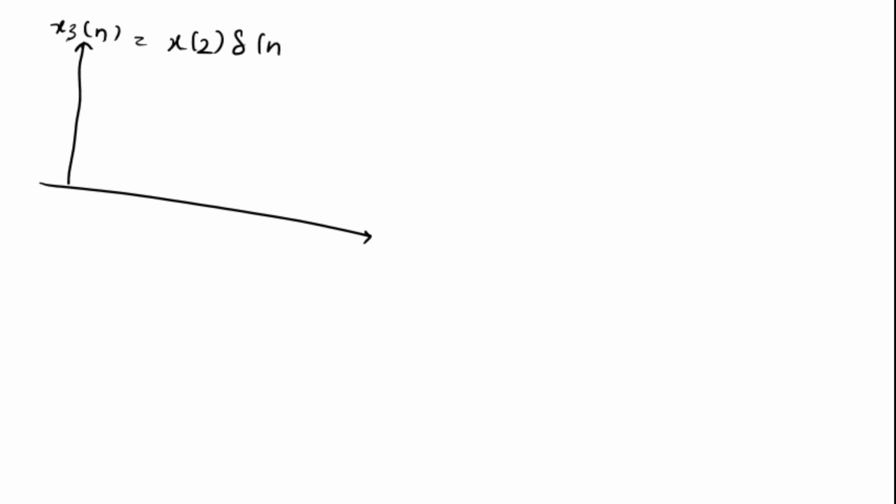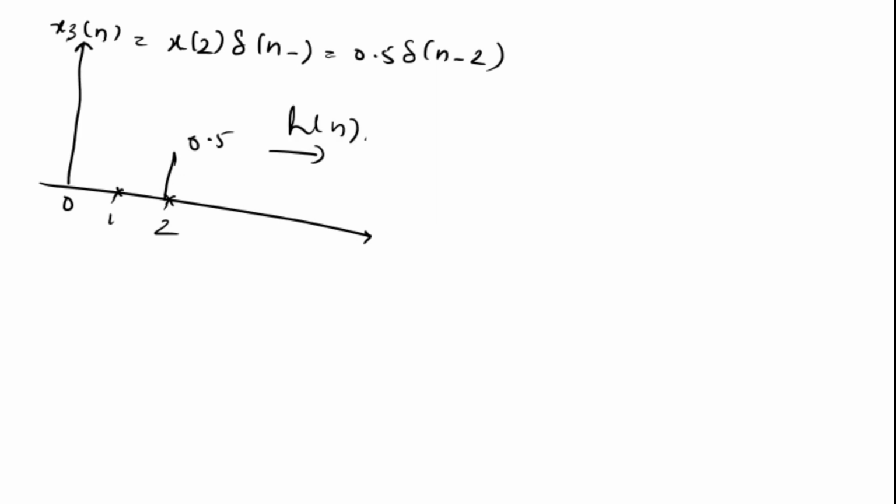Then we have to draw x3 of n, which is equal to x of 2 into delta of n minus 2, which is equal to 0.5 into delta of n minus 2. That means the signal is present at 2 with amplitude 0.5. Then y3 of n is equal to 0.5 into h of n minus 2.